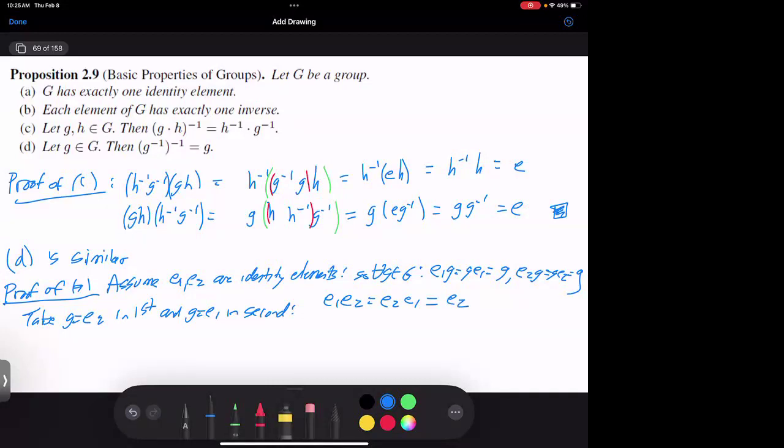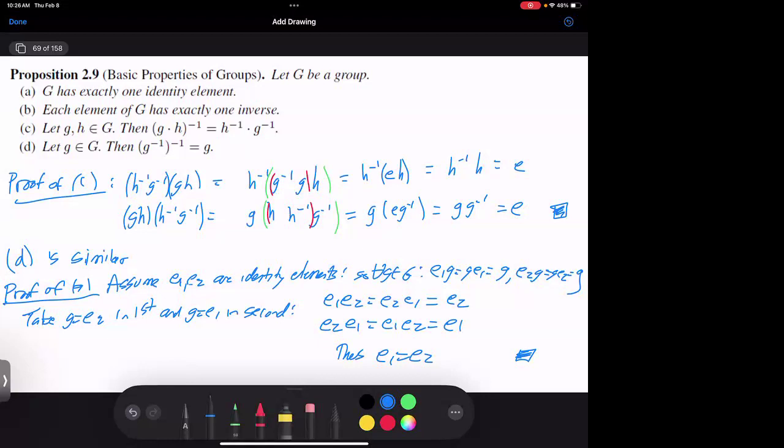And in the second one, we would get E2 E1 is E1 E2 is just E1. Thus, E1 equals E2. And so this is a proof that the identity element is unique.